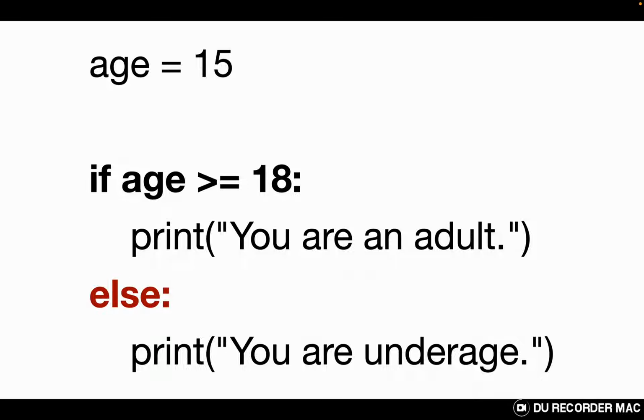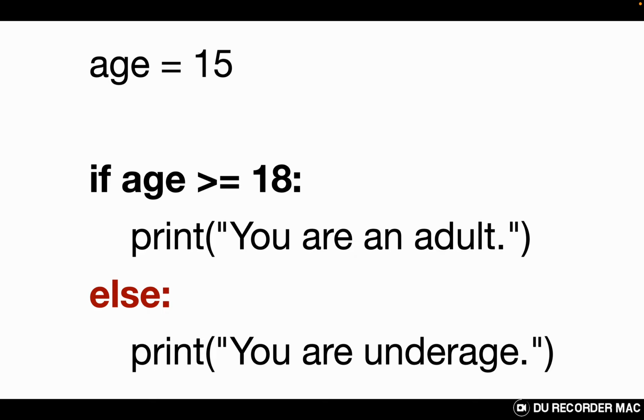Here, for example, print you're an adult. The else block gives you a way to define what should happen when your if condition does not hold. Here I want to print you're underage, for example, for voting or something else, or you're a minor.